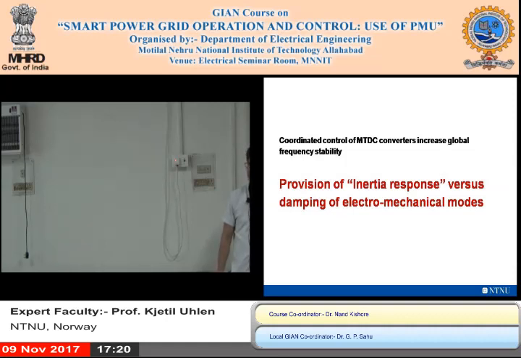So there is a strong requirement being proposed that wind farms, for example, should provide what is referred to as synthetic inertia, or that they contribute to fast response to frequency deviations.